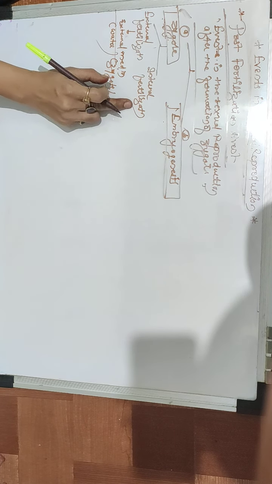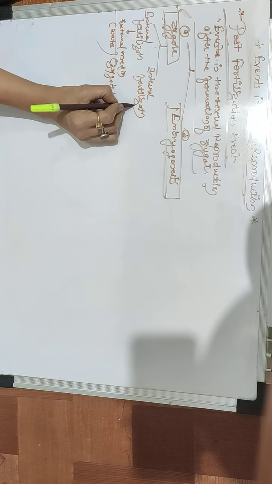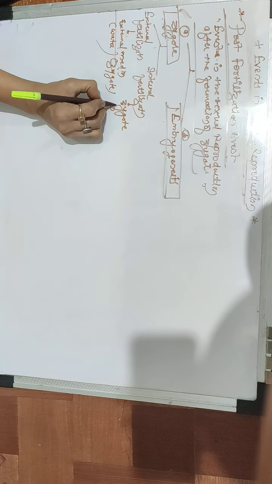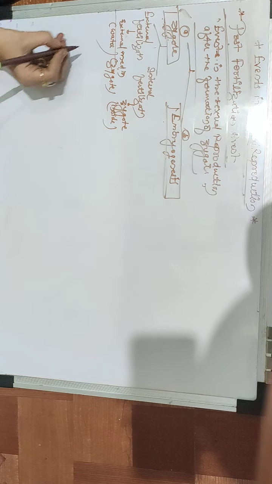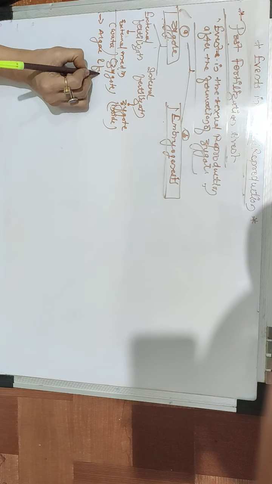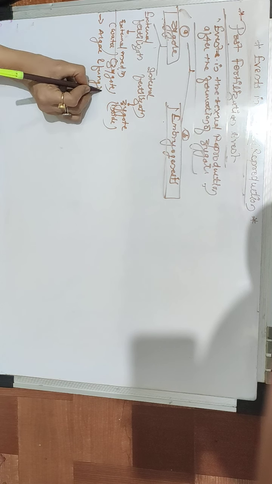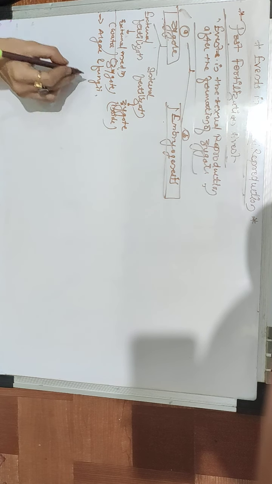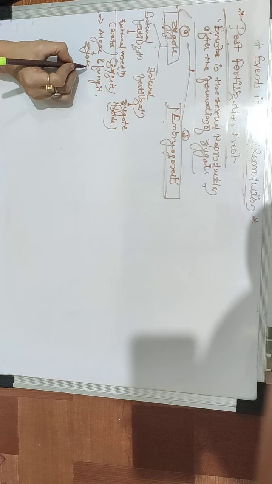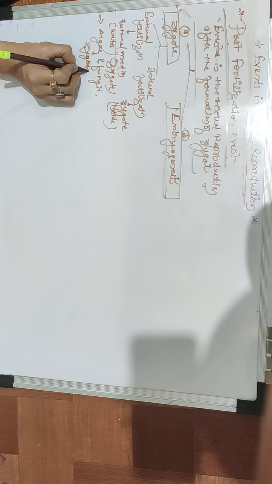And in those having internal fertilization, the zygote is formed inside the body of the female. Now we are talking about algae and fungi. In algae and fungi, fusion occurs and they form a zygote.